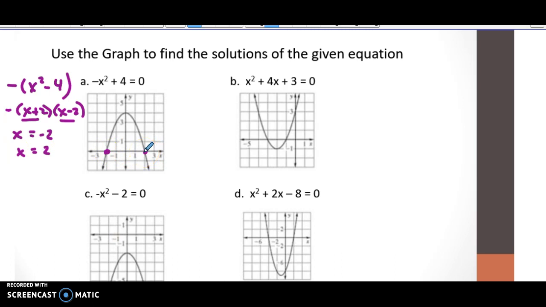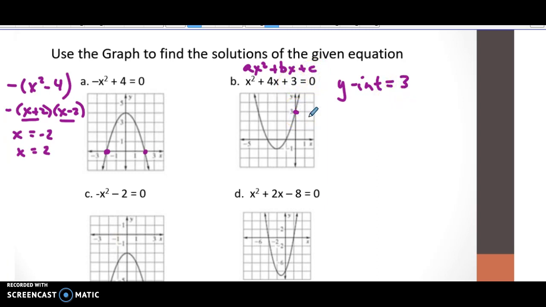So again, as I look at this graph, there might be some other things I could readily notice about it. For example, my y-intercept is going to be my c value, so ax squared plus bx plus c. So my c is +3, so that is my y-intercept.